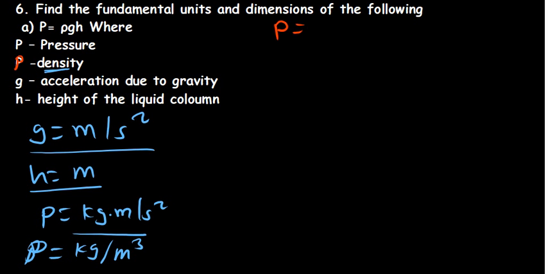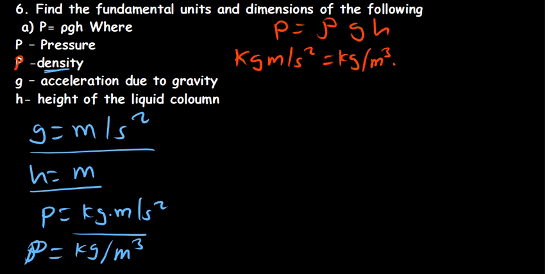Pressure is equal to the density times g times h. First, I'm going to replace with the fundamental units. Pressure, we have said the SI unit is kg, then meter per second squared. The density is kg per cubic meter. Acceleration due to gravity is meters per second squared. Height is in meters. Now I'm going to rearrange this.